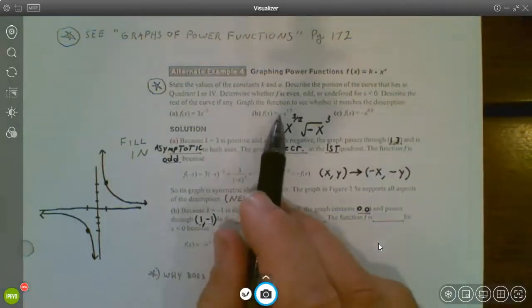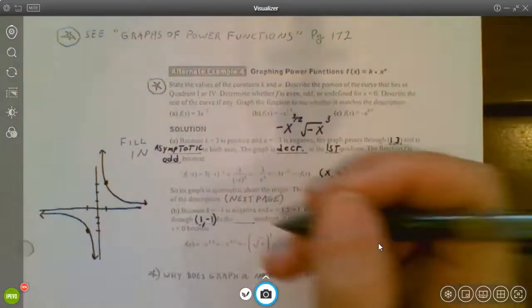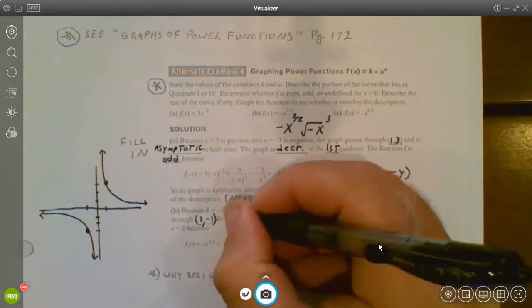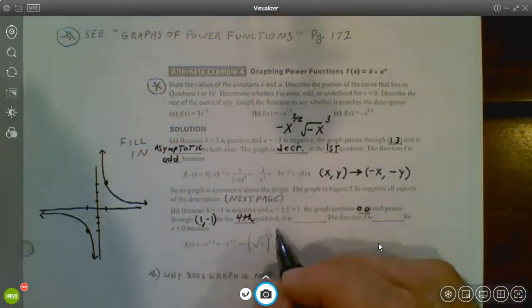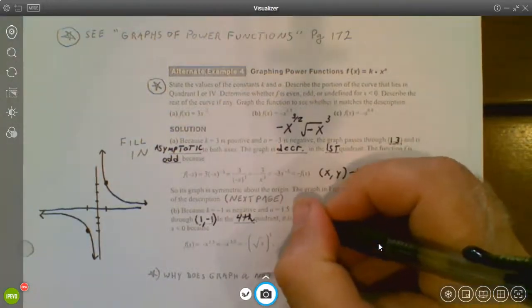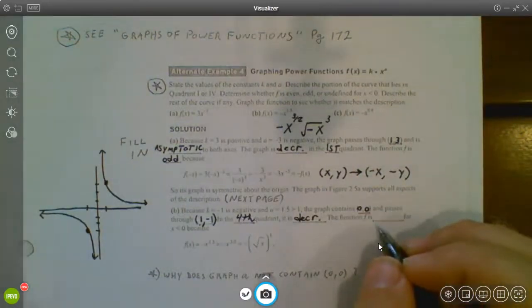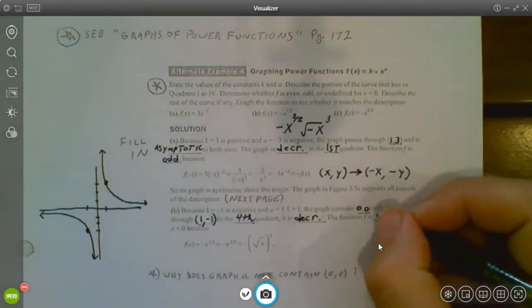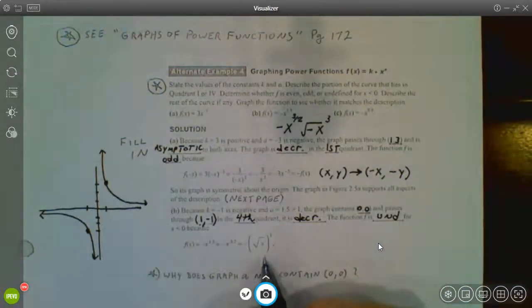Because our k value, our leading term, is negative, notice that we would now be in the fourth quadrant. So fourth quadrant when your k is negative, and it is decreasing. And the function f is undefined for x less than 0 because of this.